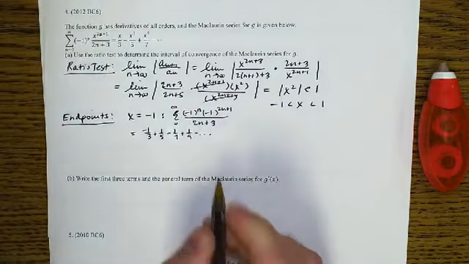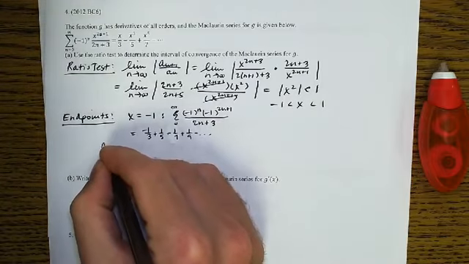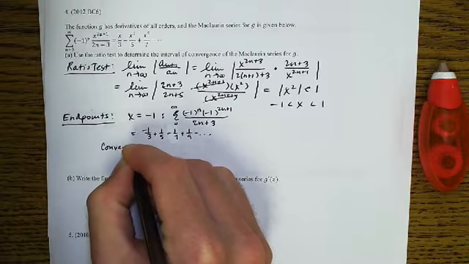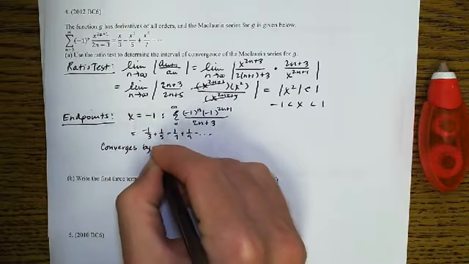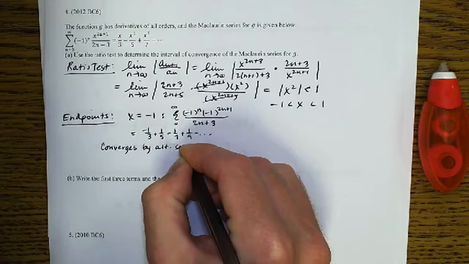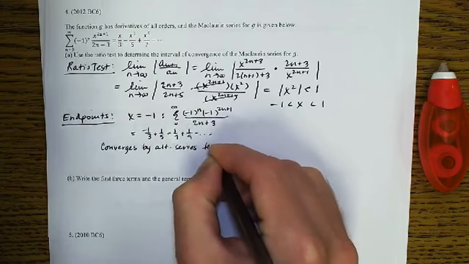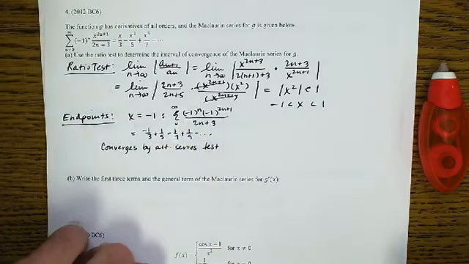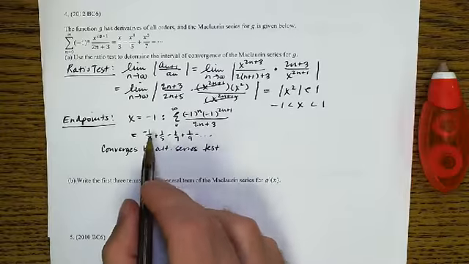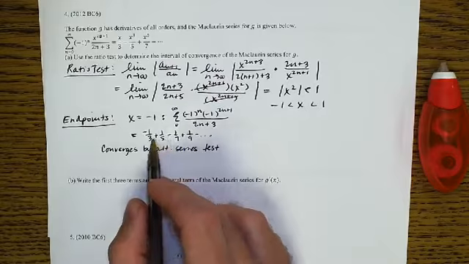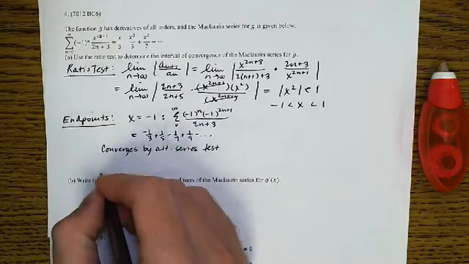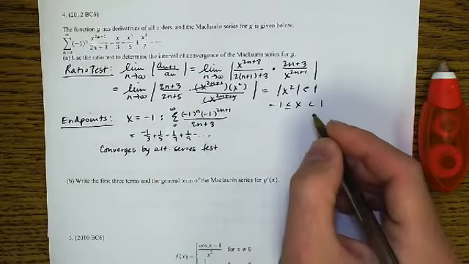This converges by the alternating series test. Okay, and that's pretty nice. The terms are decreasing in size. They're going towards 0. I'm happy.